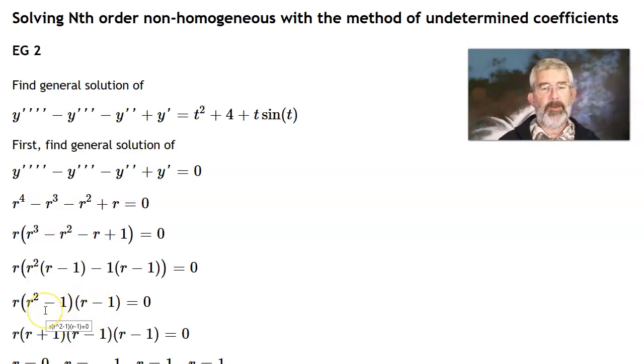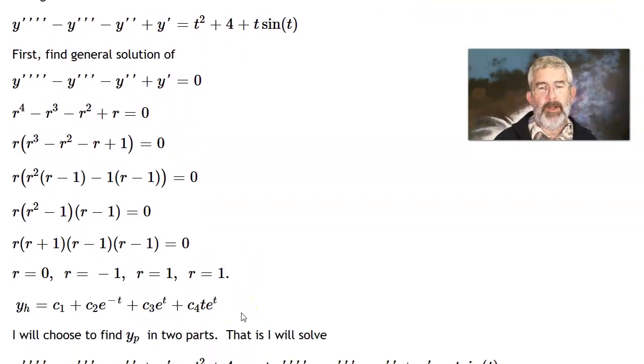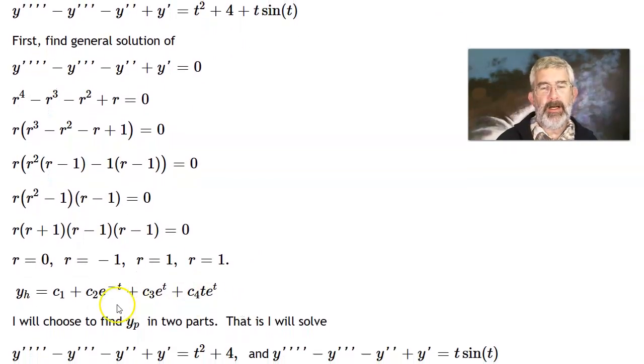That gets me down to a quadratic, and the r squared minus 1 I know factors into r plus 1 and r minus 1. So this gives me 3 solutions, 4 actually, but one of them twice: r equals 0, r equals minus 1, and both of those factors of r minus 1 equaling 0 give r equals 1.